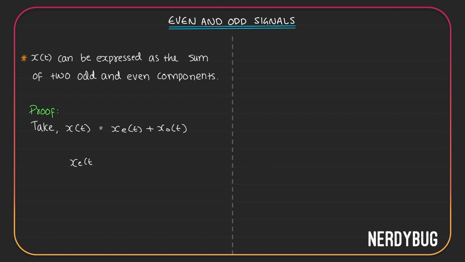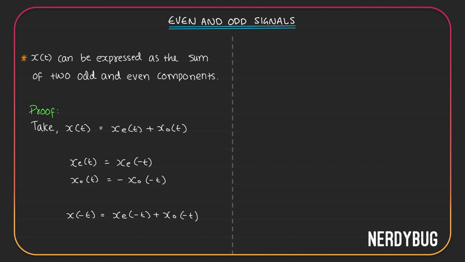So xe of t, since it is even, should be equal to xe of minus t. This is the definition for an even function. Similarly, xo of t, since it is odd, will be equal to negative of xo of minus t. We have already written here that x of t is xe of t plus xo of t. In that case, x of minus t will be xe of minus t plus xo of minus t.